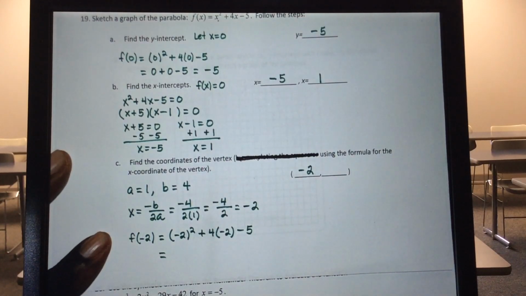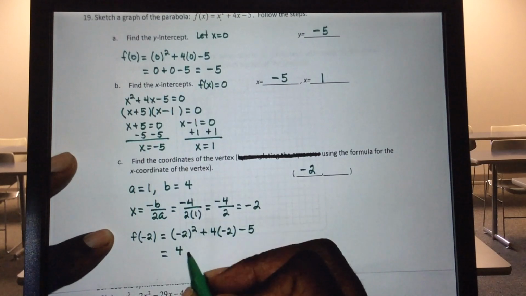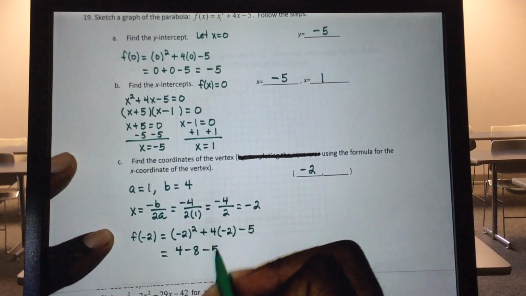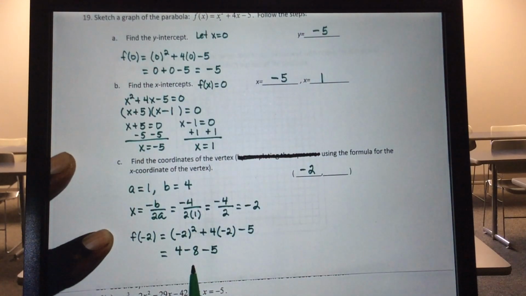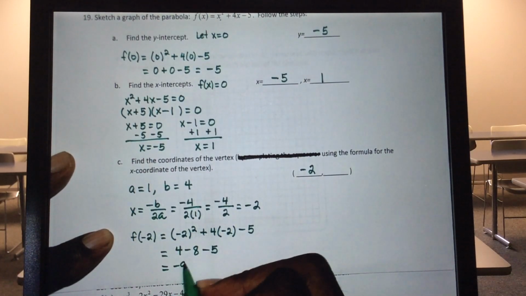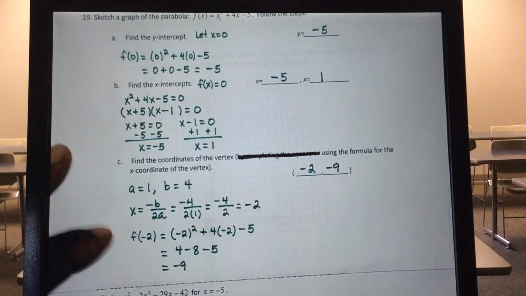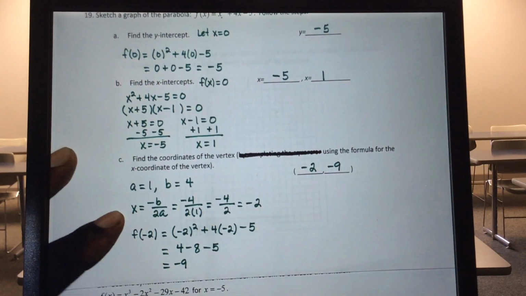So here negative 2 squared will be positive 4. And then 4 times the negative 2 will be minus 8, then minus 5. Well, 4 minus 8 will be negative 4. Negative 4 minus 5 will be negative 9. That will be the y-coordinate of the vertex. So the ordered pair, negative 2, negative 9, would be the vertex for this particular parabola.